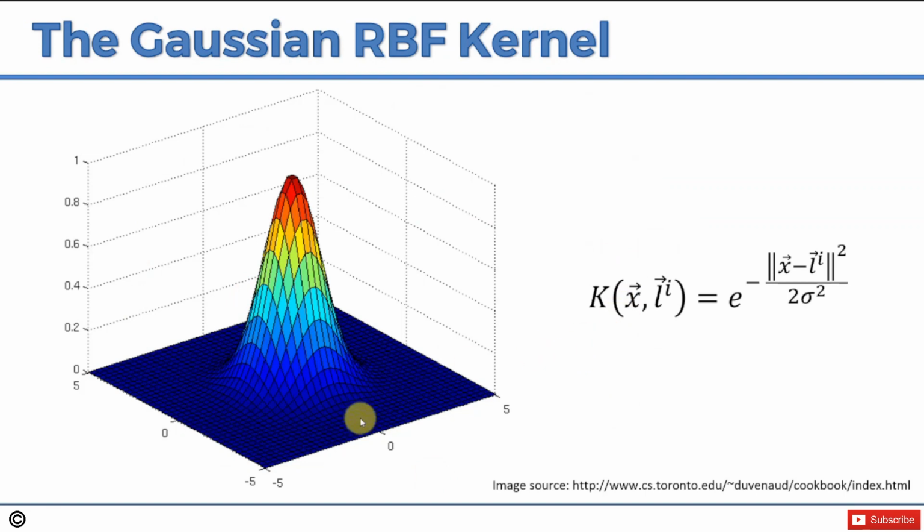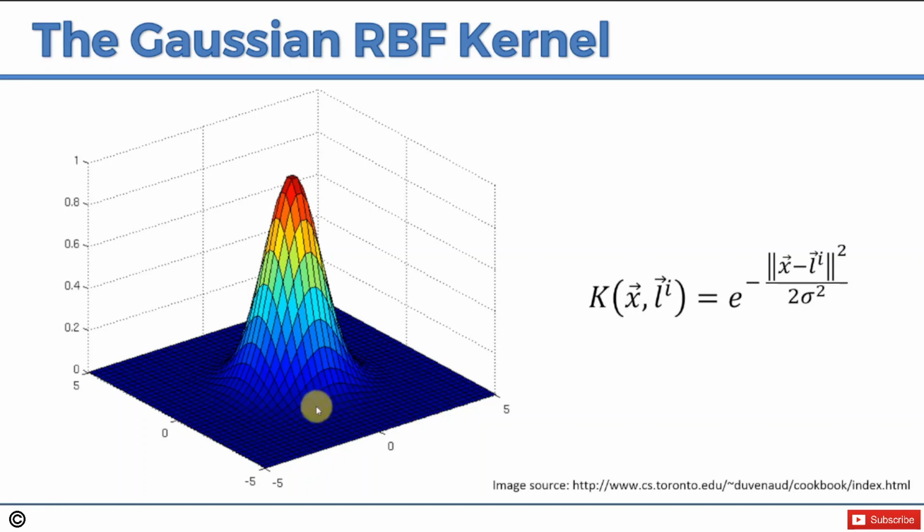What's happening here is that L, the landmark, is in the middle of this plane. In the middle of this two-dimensional space, let's imagine this is the x coordinate and this is the y coordinate, we've got 0, 0, and that's where the landmark is located. The vertical axis represents the result that we get when we calculate this for every other point on this xy plane.